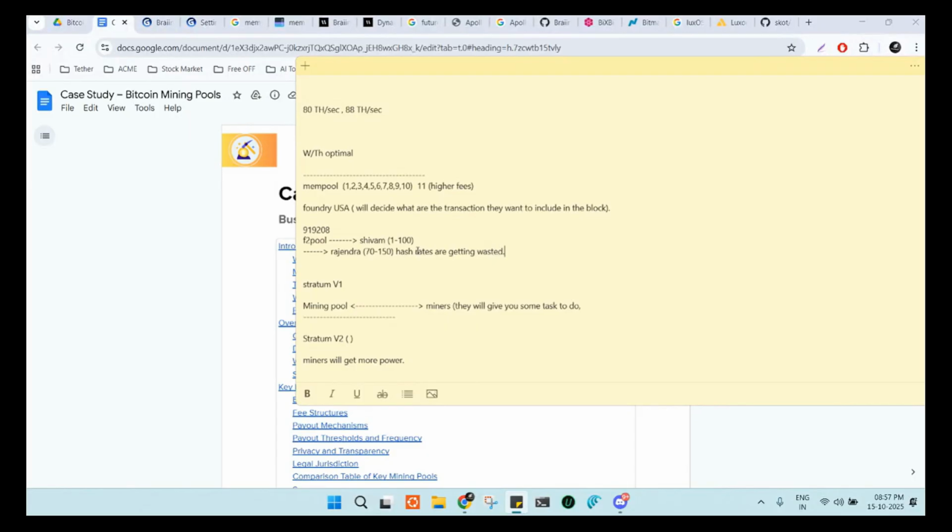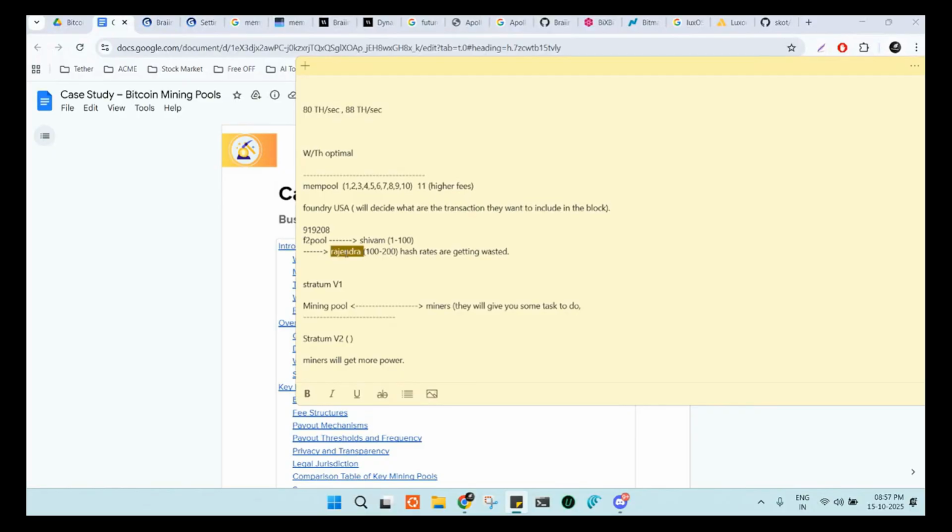So the mining pool will keep communicating through the Stratum V1 protocol and will assign, okay, you have to find the data between 1 to 100, and Razian maybe 100 to 200.